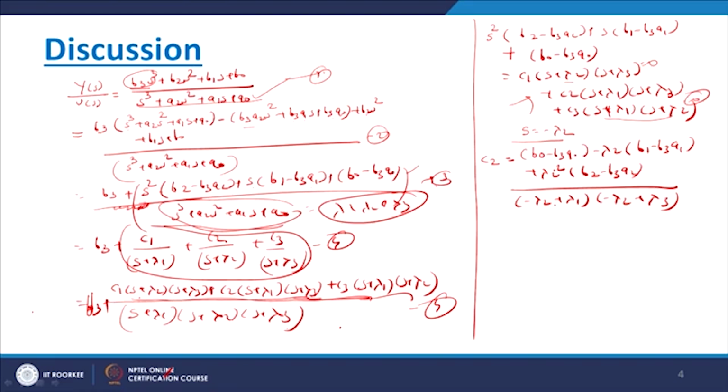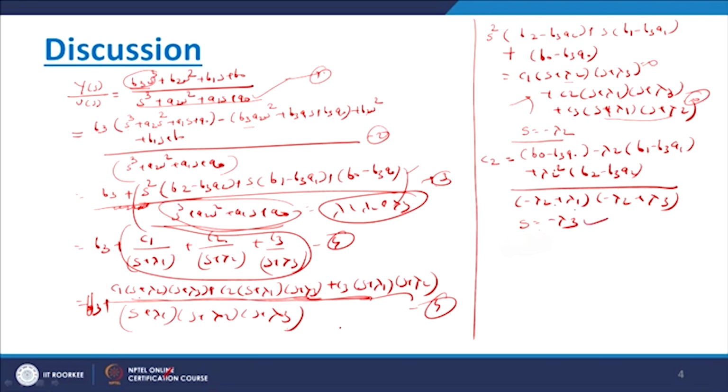Now how to get the value of C3? Let us say we replace S equals minus lambda 3 in this equation. What will happen? This C1 will be removed, then again with S equals minus lambda 3, C2 will be removed, and finally here lambda 1, lambda 2, so we will get the value of C3.